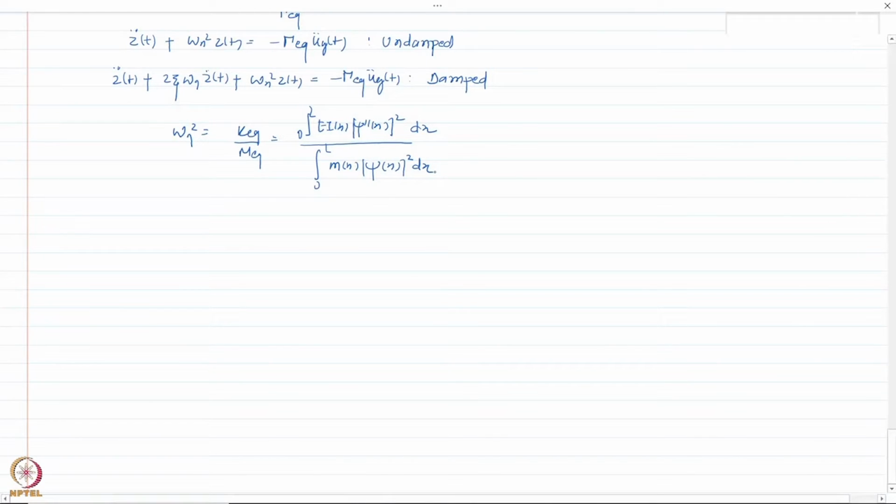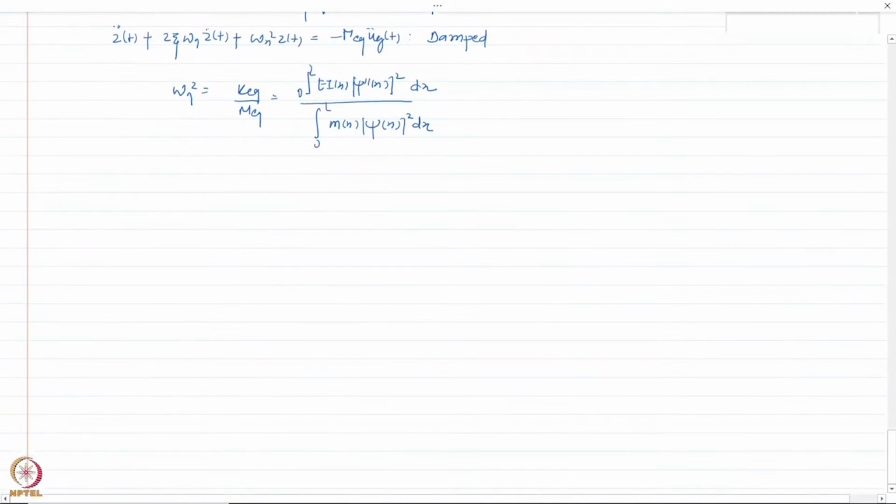Now, the natural sequence of things once we get the equation of motion is to find z of t. After we have obtained z of t, the question comes for this. Remember, for a single degree of freedom system that we had considered, a discrete system, there was no x term here.